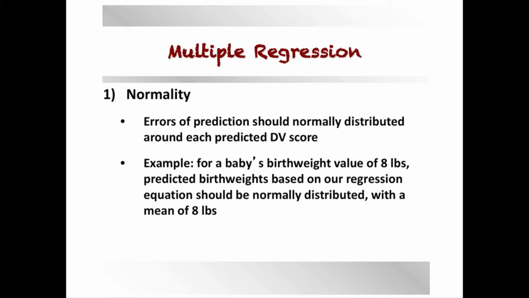So the first thing that might jump out of the graph here is errors of prediction that are not normally distributed. So for example, here if you have a baby's birth weight value of 8, that's pretty high. Let's say predicted birth weights based on the regression equation should be normally distributed.